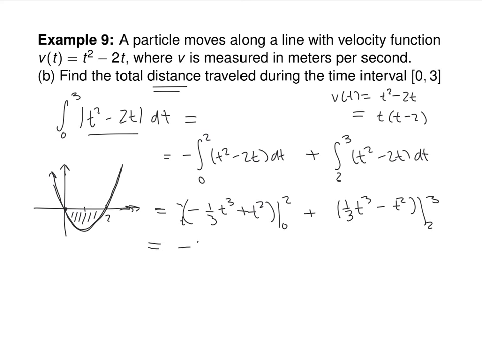So that's negative 8/3 plus 4 minus 0, that's the first integral, plus 27/3 minus 9 minus 8/3 minus 4.